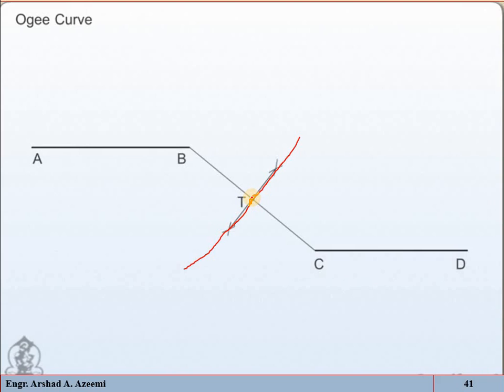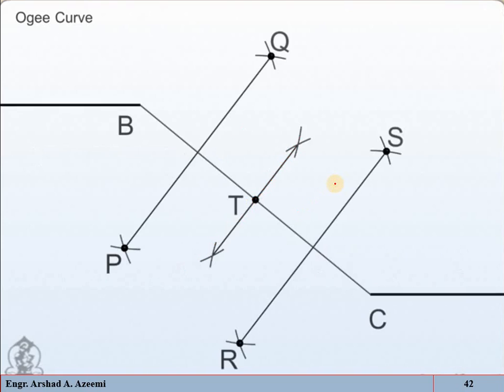Now bisect BT and TC, meaning further bisect this portion and this portion. So when you bisect it, that will be the midpoint of BT and this will be the midpoint of CT.